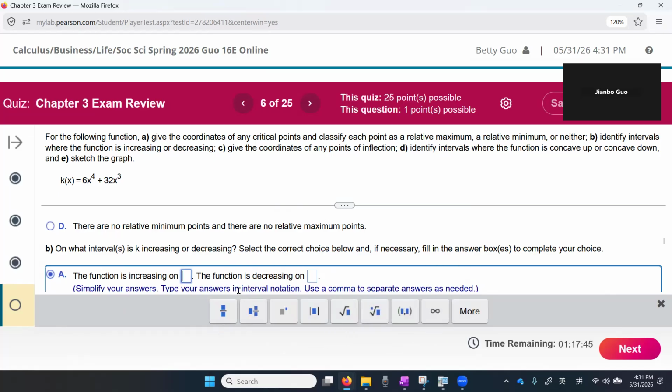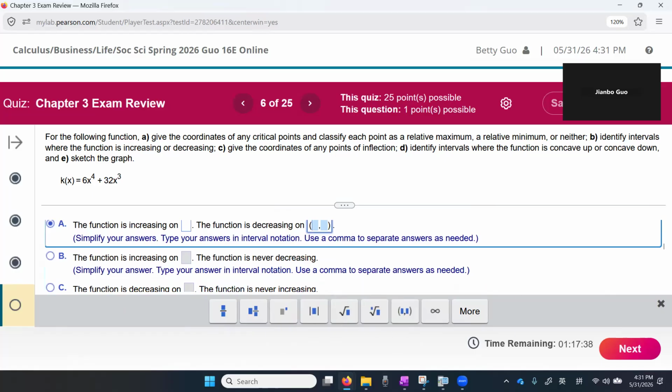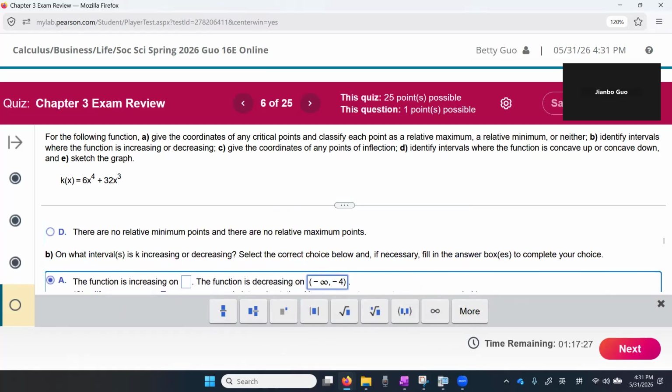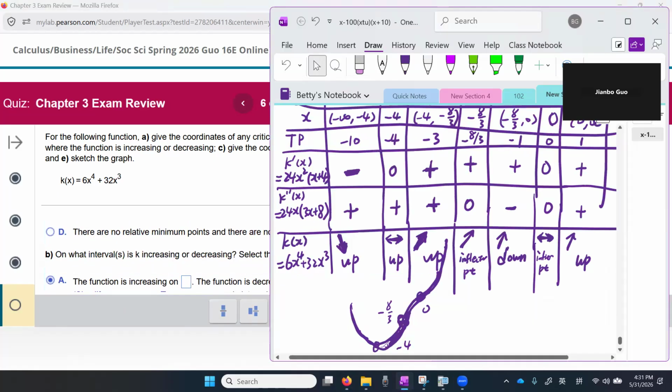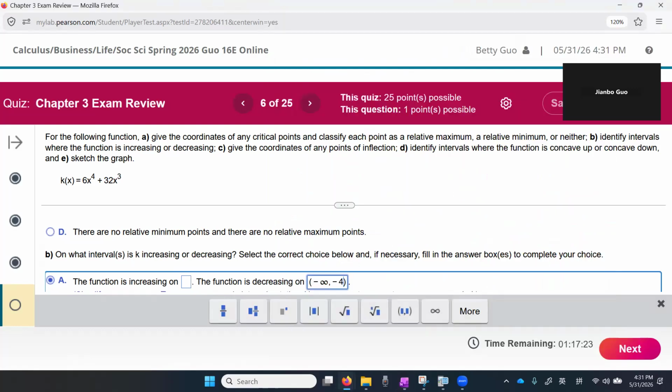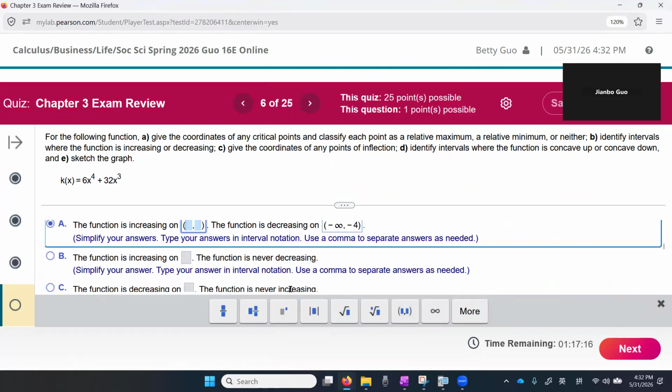I would write decreasing first, from negative infinity to negative 4, and increasing from negative 4 to infinity.